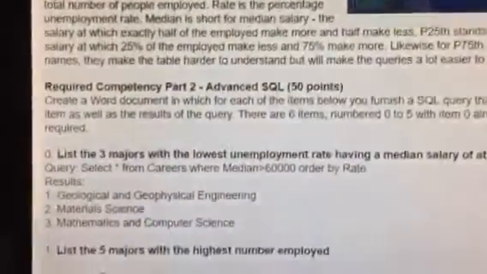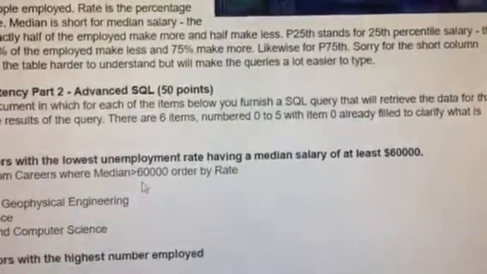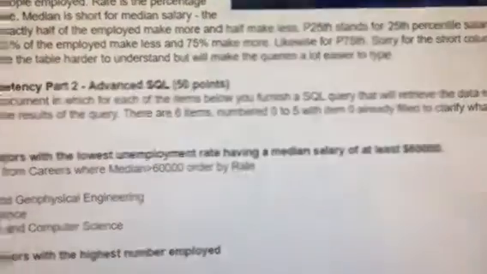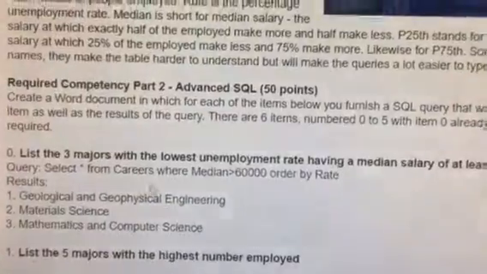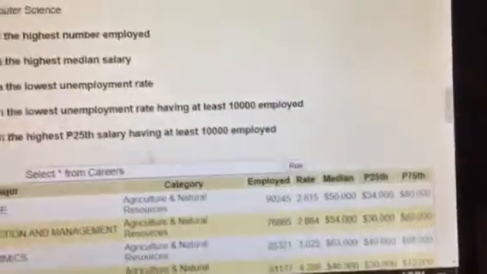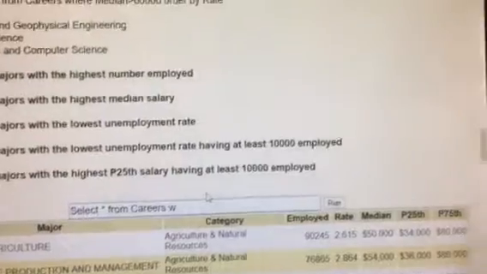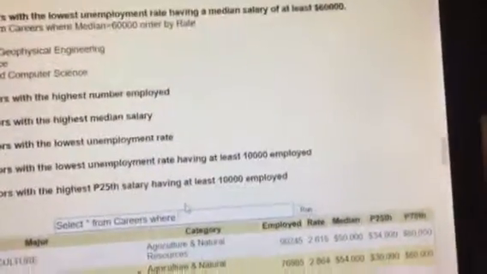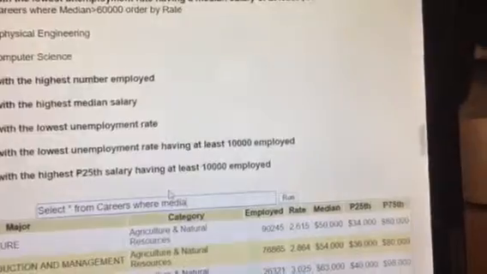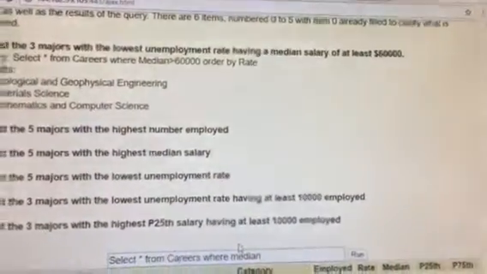Okay, so let's go back to how we do this. We want at least 60,000, so that's where median is greater than 60,000, and we are ordering by the unemployment rate. When we look at our statement and execute it, we're going to select star from careers, that's my table name, and then say where median is, I think they said less than, no, greater than.